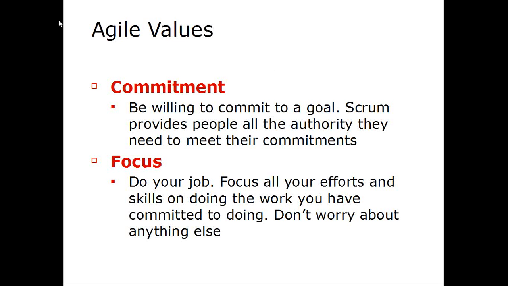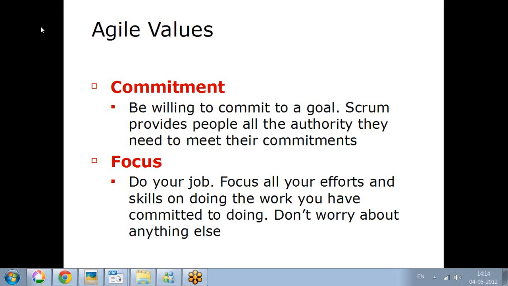So agile is not a highly rule-based thing. It is more of a value-based model where the entire team works based on a set of values like commitment. Means the team should be willing to commit to a goal. Scrum provides people all the authority they need to meet their commitments.